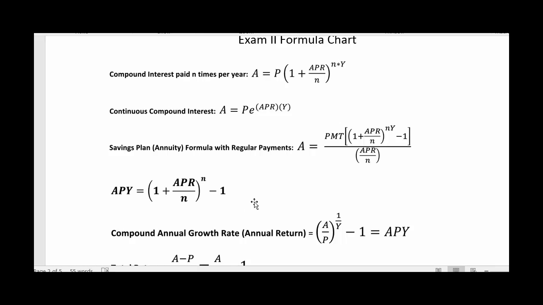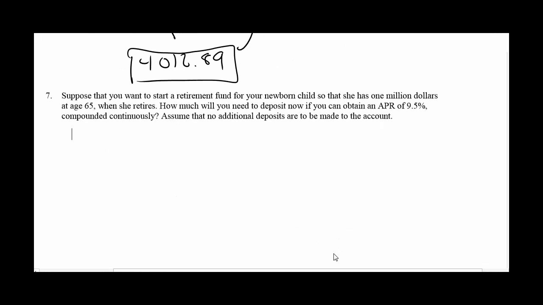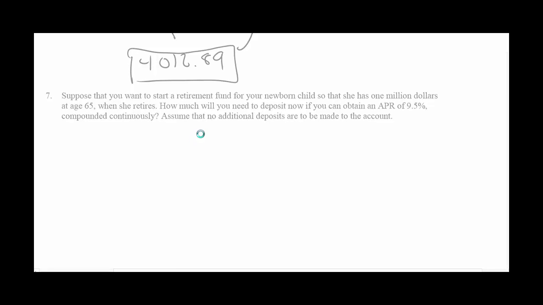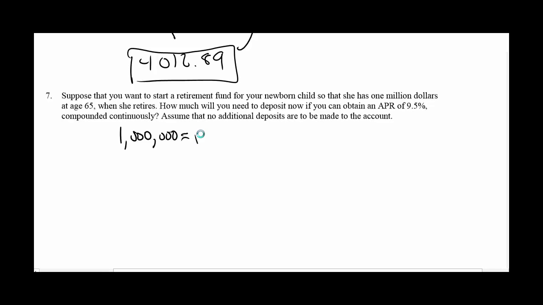So let me go back. Okay. So I want to have $1 million equals P, because that's the principal, the balance that we're going to start off with, times e raised to the 0.095 times 65.